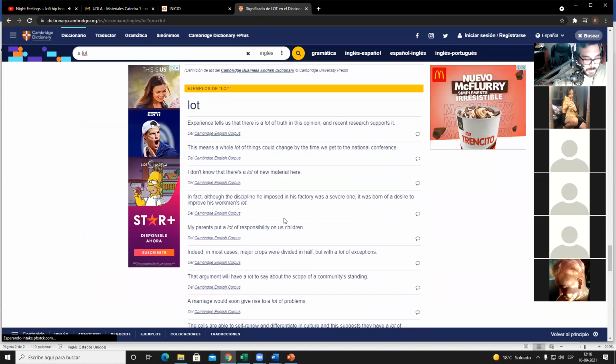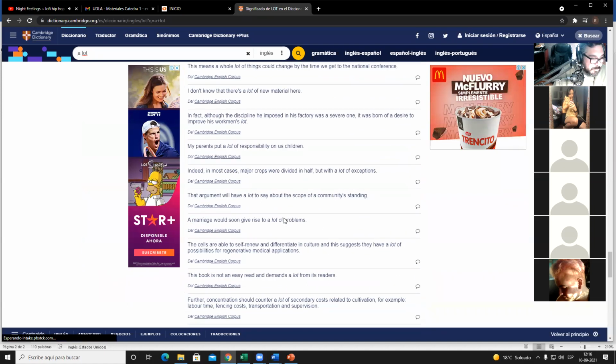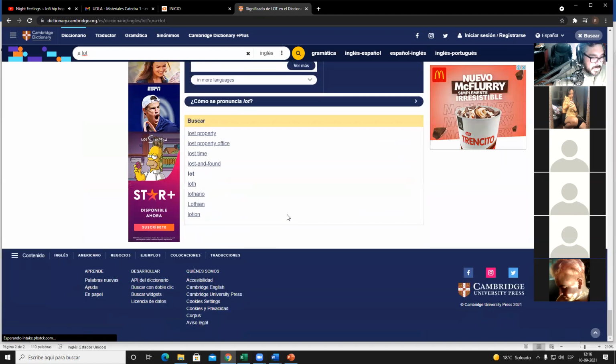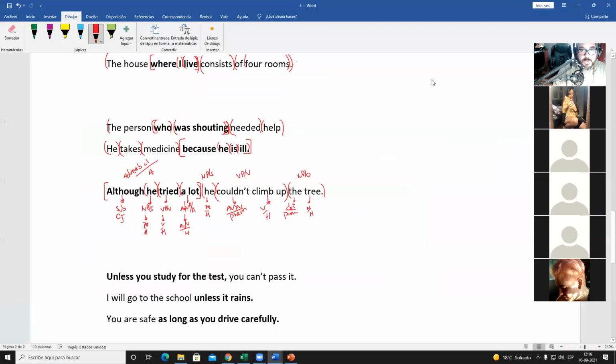Yo creo que es un adverbio porque nos dice cuánto. Sí, salen las dos opciones. Sí, yo lo dejaría como adverbio. ¿Por qué como adverbio? Porque los nouns hacen referencia a entidades, ¿cachai? Y en este caso no hace referencia a entidad, sino que cuántas veces lo intentó.